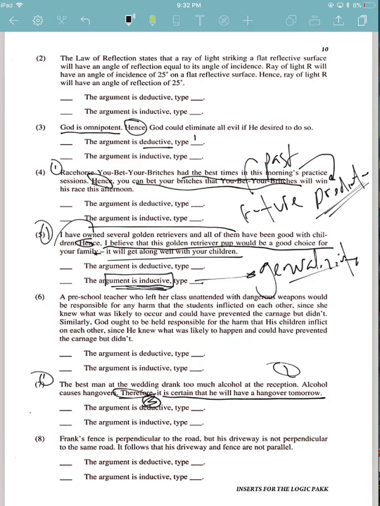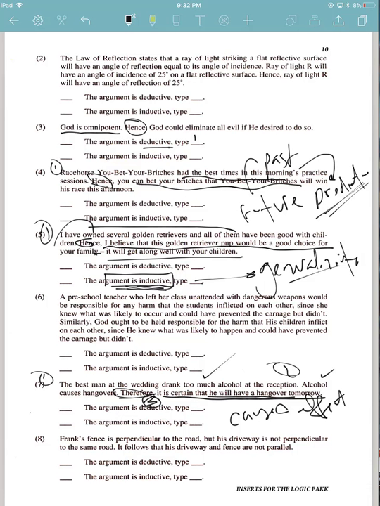So what's interesting here is we have cause and effect. Drinking too much causes hangover, cause, effect, he'll probably have a hangover.